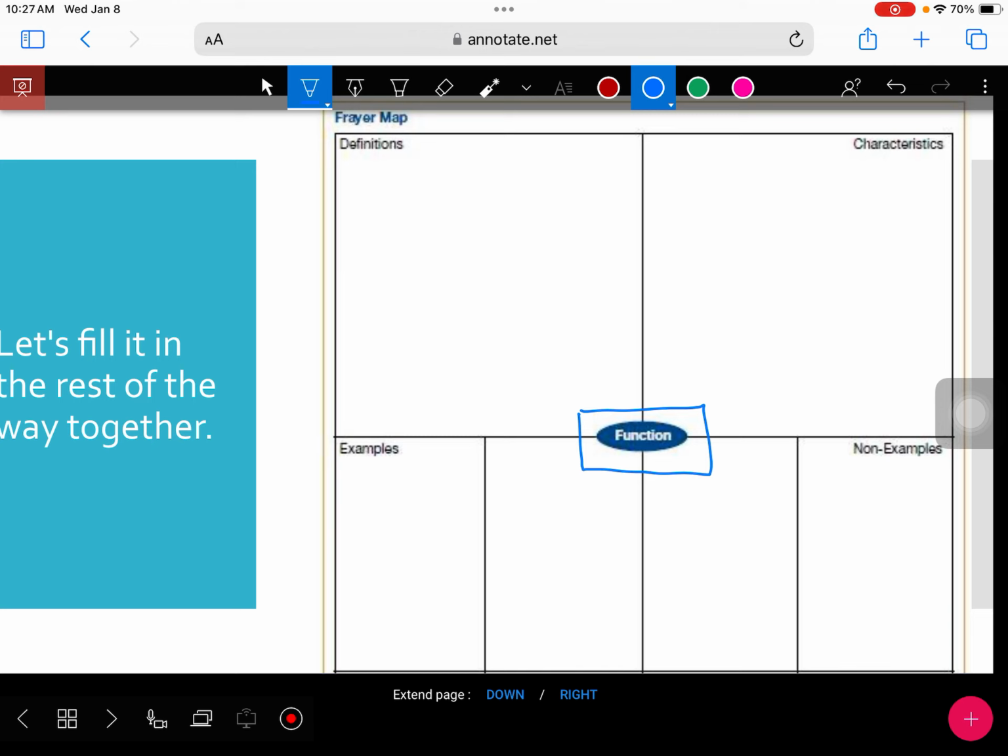I said 5, I'll maybe give you 3 minutes, because whatever you don't get put in, we're going to put in together. And I will give you some definitions too. Right, Sean? Page 3. Page 3.